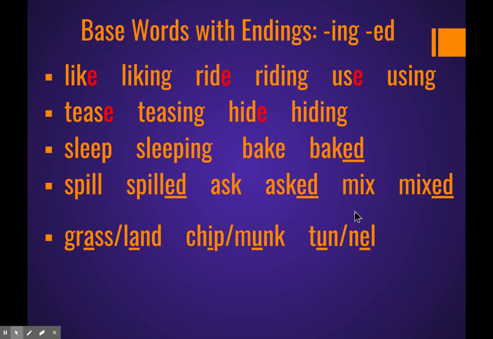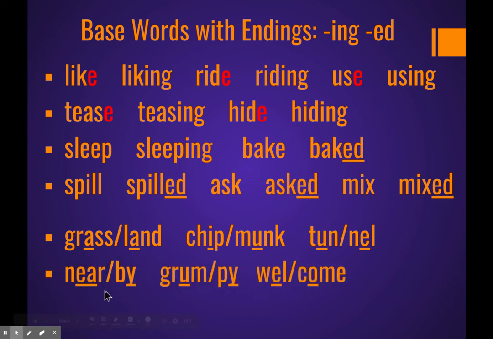Vowel, vowel, break it between the consonants that are the same. Tunnel, tunnel. All right, read those with me. Ready? Grassland, grassland. Chipmunk, chipmunk. Tunnel, tunnel. And tunnel is one of your vocabulary words this week, and chipmunk is one of our main characters.